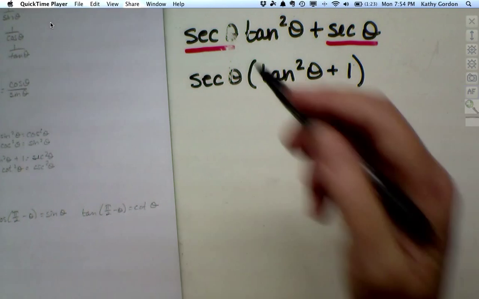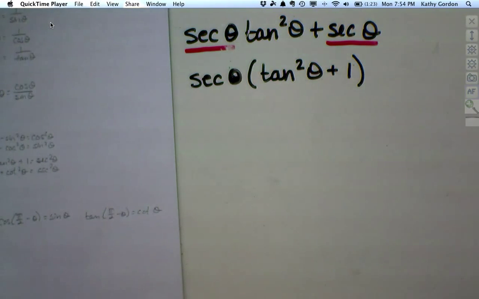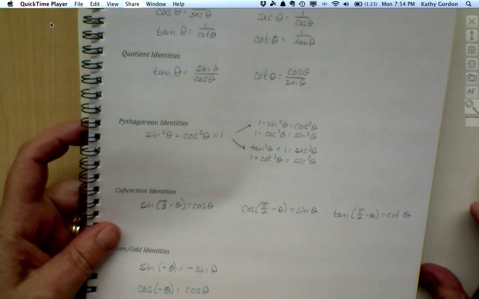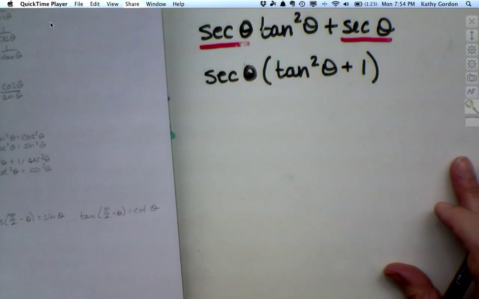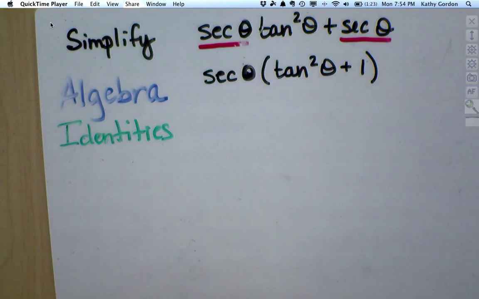Okay, so let's try to put these side by side. So do you see anything on your list of identities here that's going to be helpful for your next step? And I believe the answer is yes.